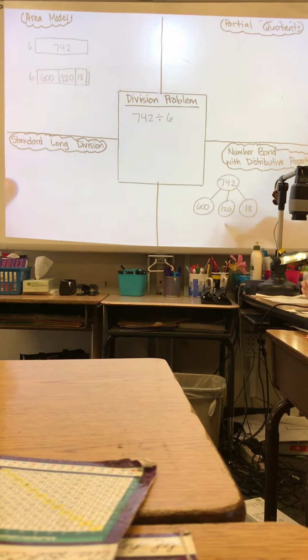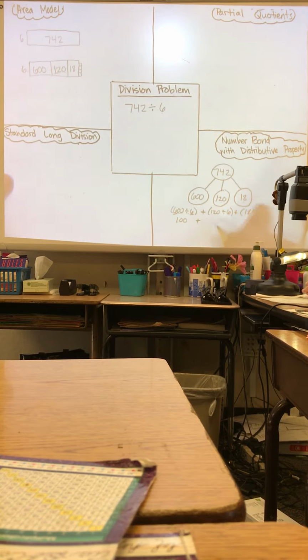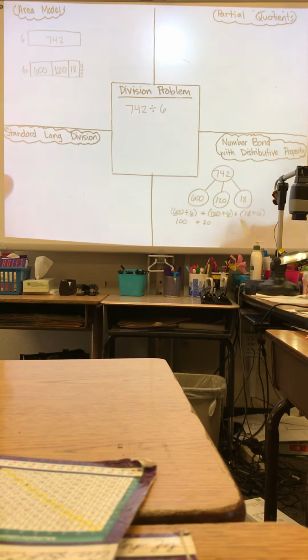So 600 divided by 6, I know, is 100 because I looked at 6 divided by 6 equals 1, and then I have 2 zeros left over. 120 divided by 6 is 20 because I know 12 divided by 6 is 2, and then I have 1 zero left over.